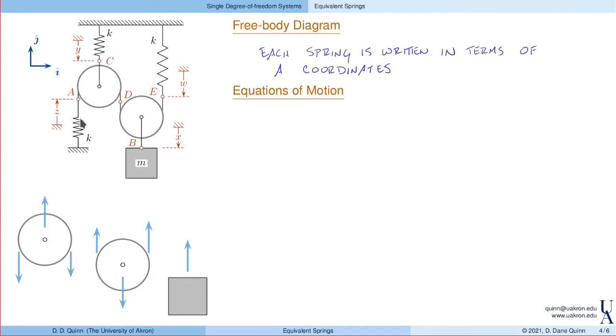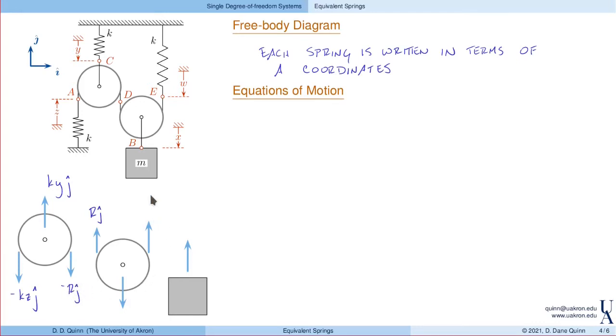For this force from this spring, we have minus k times z in the j direction. The force acting on the center here, well, if y is positive, that force pulls up, so we get k times y in the j direction. Again, these two forces are internal, and we refer to them as the reaction force. So this we'll say is R j, and this is minus R j.